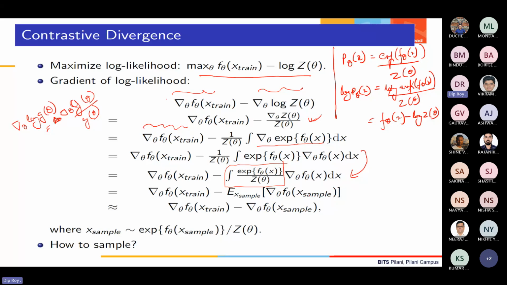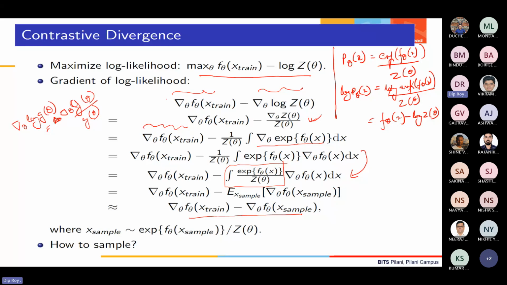We can use Monte Carlo approximation here for a single sample, and write it in this particular manner. The key concept here is that as long as we are able to follow this gradient direction, we will converge. All right.